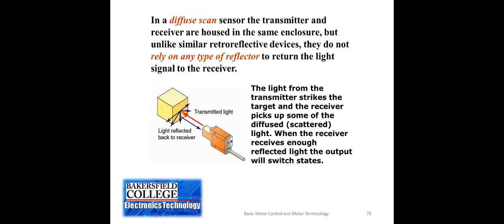But when the object comes into the light beam, the light hits it, it may be scattered in a bunch of different directions, but at least some of that light will be reflected back into the receiver. So in this case, we're not looking for the absence of light like the other two types. We're looking for light that is reflected back, and that shows that there's an object there.